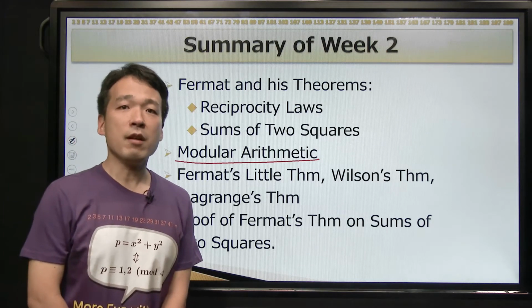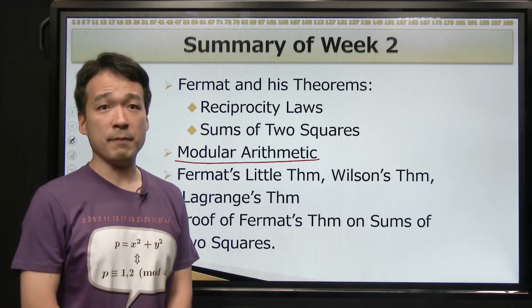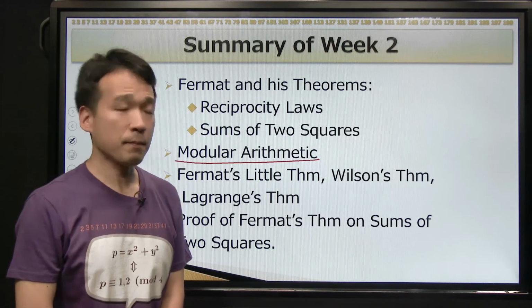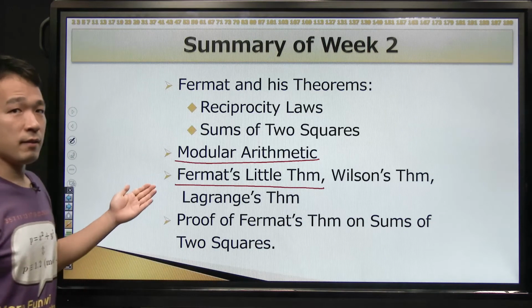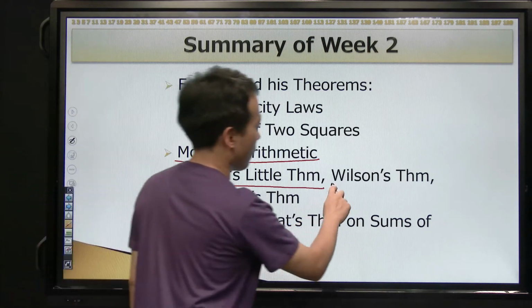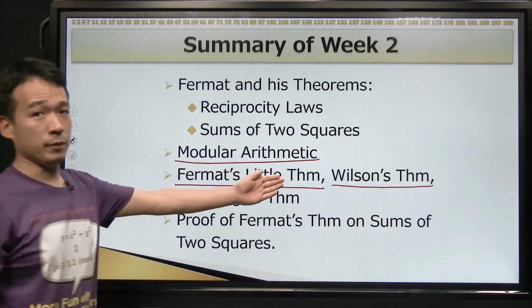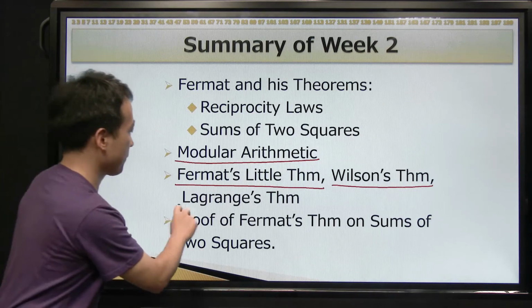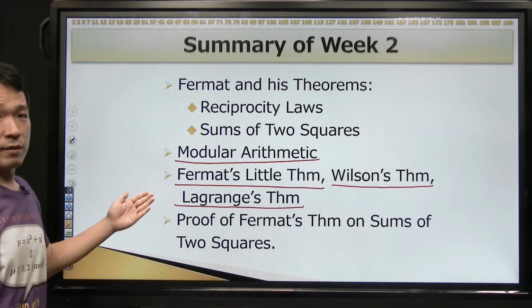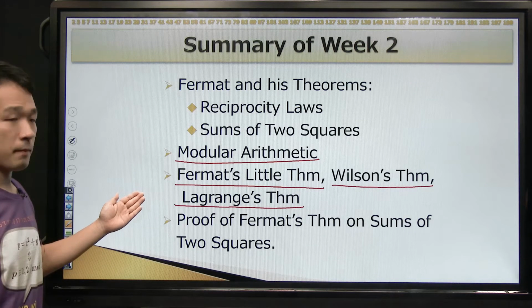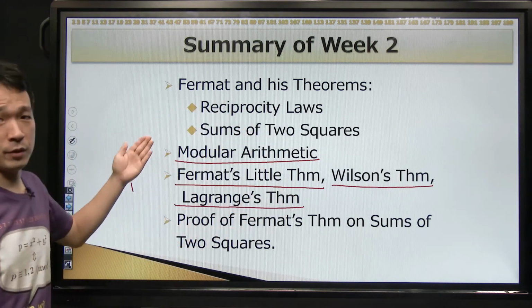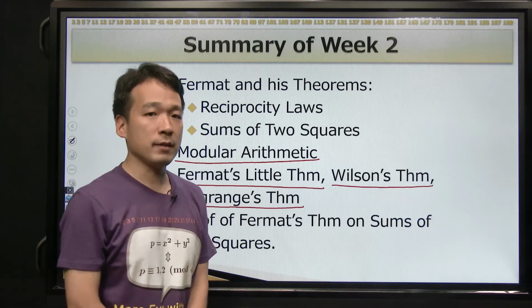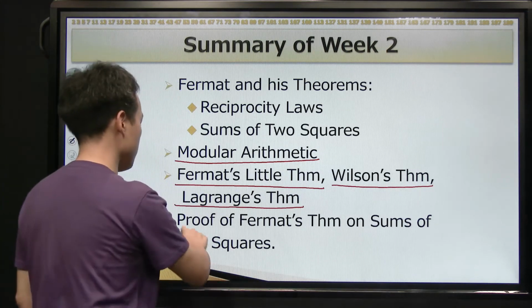Then we proved 3 important theorems in modular arithmetic: Fermat's little theorem, Wilson's theorem, and Lagrange's theorem. Finally, combining these theorems, we proved Fermat's theorem on sums of two squares.